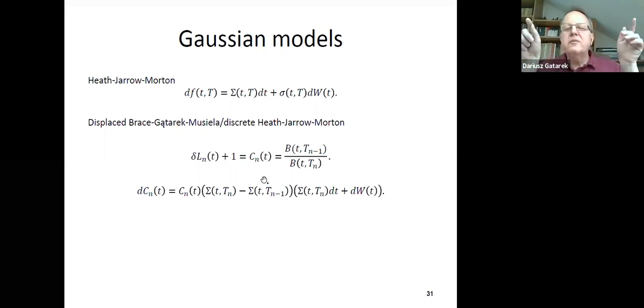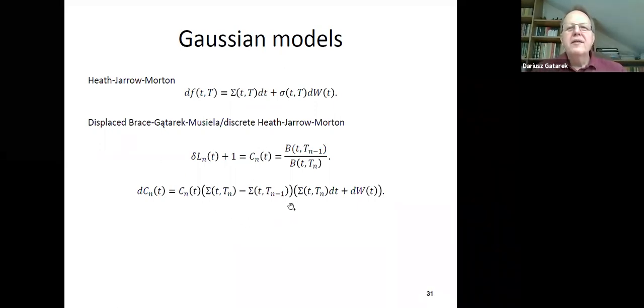So first we came from Heath-Jarrow-Morton to the LIBOR market model, sorry, not LIBOR market model, where LIBOR is forbidden, the BGM model, and then we go from BGM to Heath-Jarrow-Morton. So here, of course, sigma is a deterministic function.